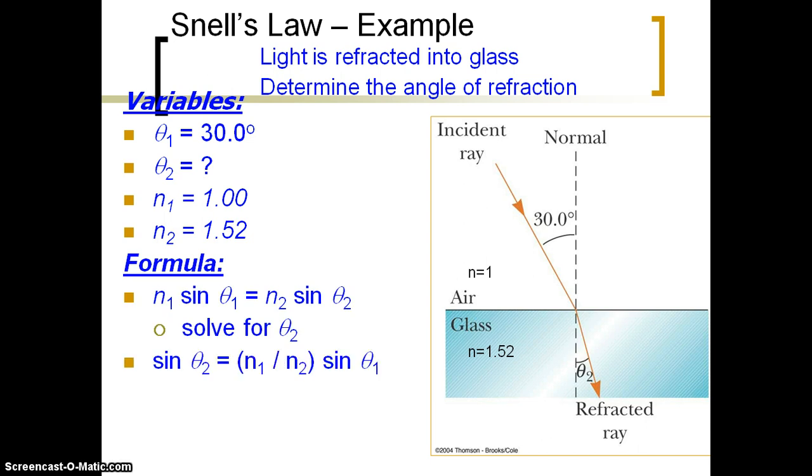So I'm going to divide both sides by N2. So I get sine theta 2 is equal to N1 divided by N2 times sine theta 1. And then I'm going to take the inverse sine of both sides, which gives me theta 2 by itself. Then I can plug in my numbers. Just make sure that your calculator is in degree mode when you're doing this, and keep your order of operations right, and you'll be golden.